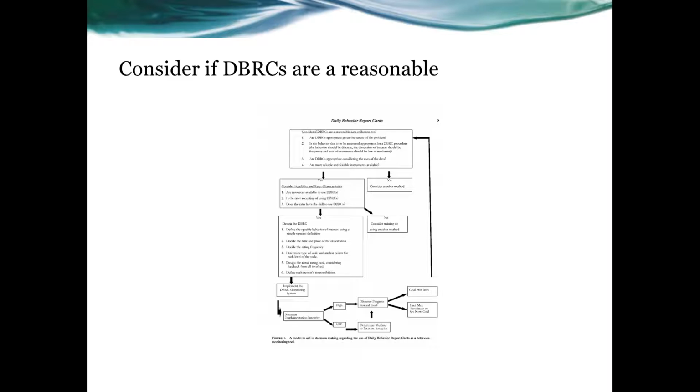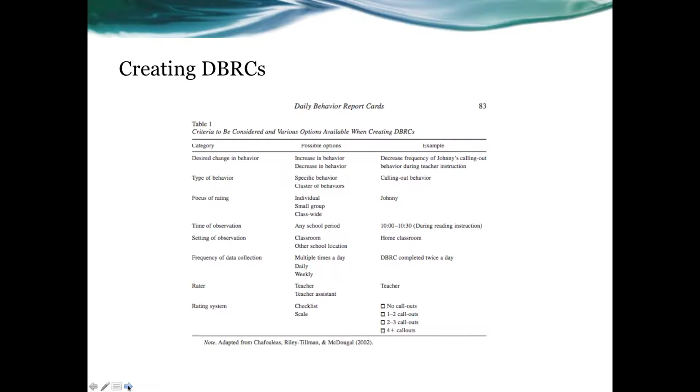The dimension of interest should be frequency, and rate of occurrence should be low to moderate. And the last thing that you want to do is try to use a DBRC on something that's severe and potentially dangerous. So that's a good tool, the little checks and balances there.